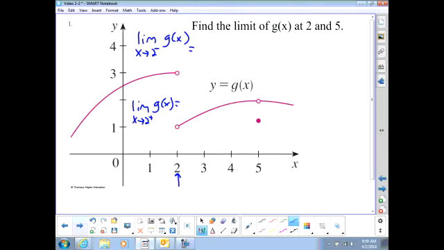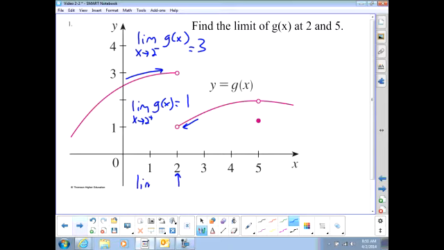So as our function gets closer and closer to an x value of 2, our y values from the left are getting closer and closer to 3. As our x values get closer and closer to 2 from the right, our y values are getting closer and closer to 1.